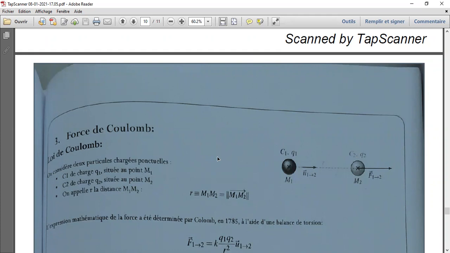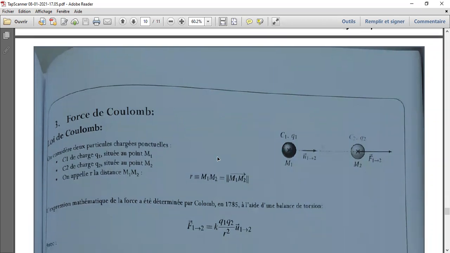Okay. Today we're going to talk about force. It's not something new. It's something we have already learned in secondary school. Force is something which acts on another thing.